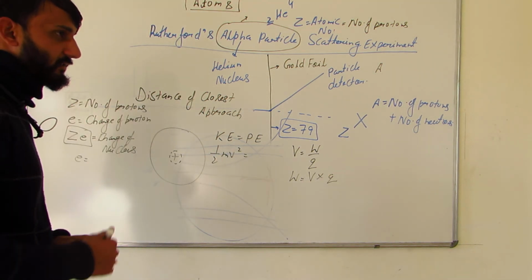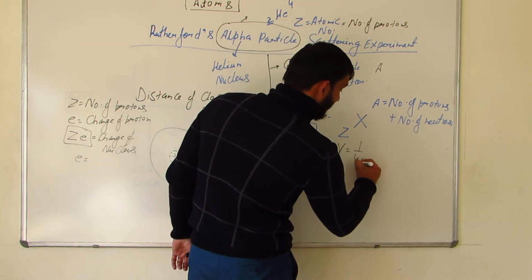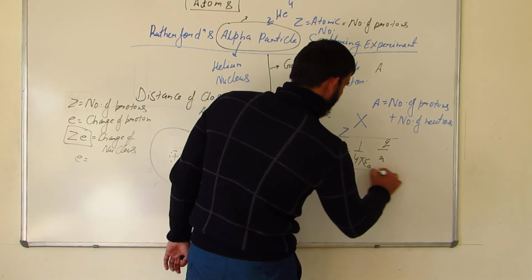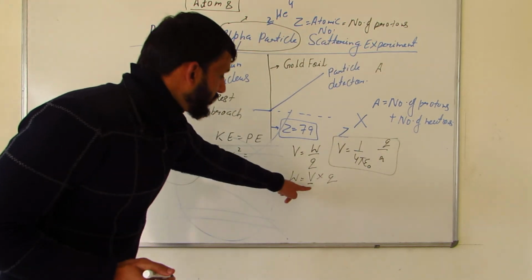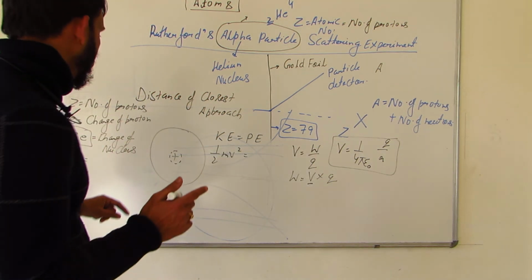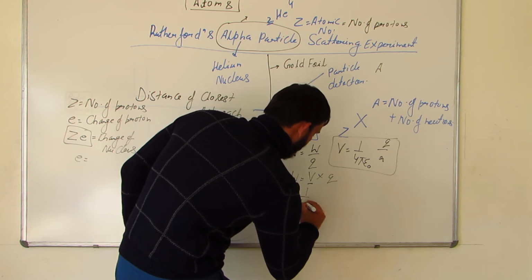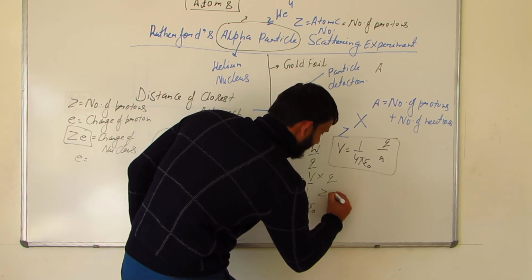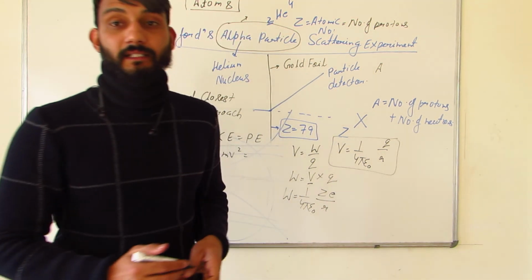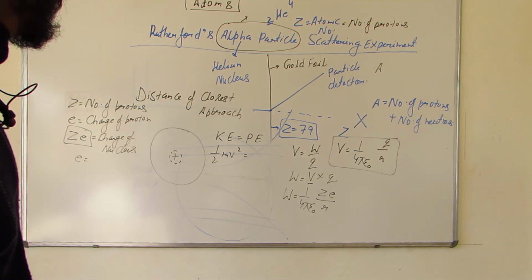Now, the potential due to a single charge is 1 upon 4 pi epsilon naught, q upon r. This is the potential due to a single charge. Whose potential is it? The alpha particle is traveling in the potential of the nucleus. So it is 1 upon 4 pi epsilon naught, Ze, which is the charge of the nucleus, upon r. This r is the distance which I am assuming to be the distance of closest approach.